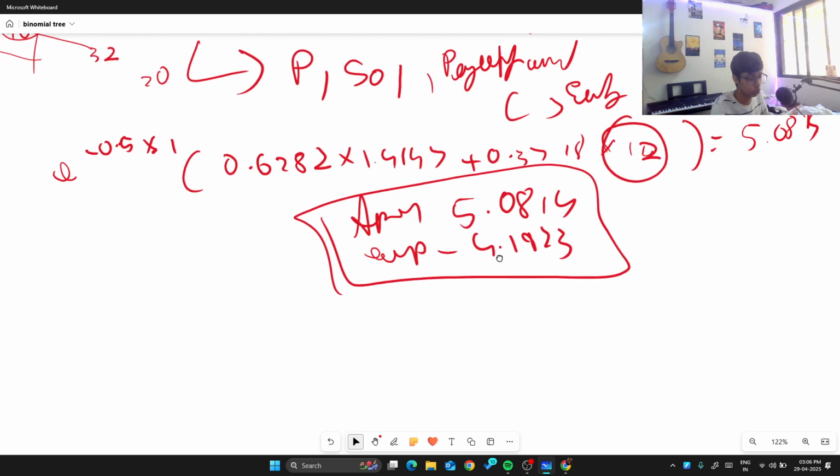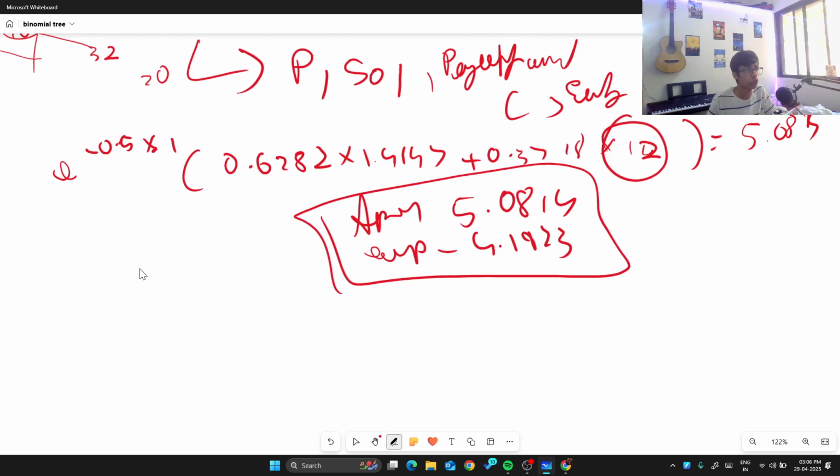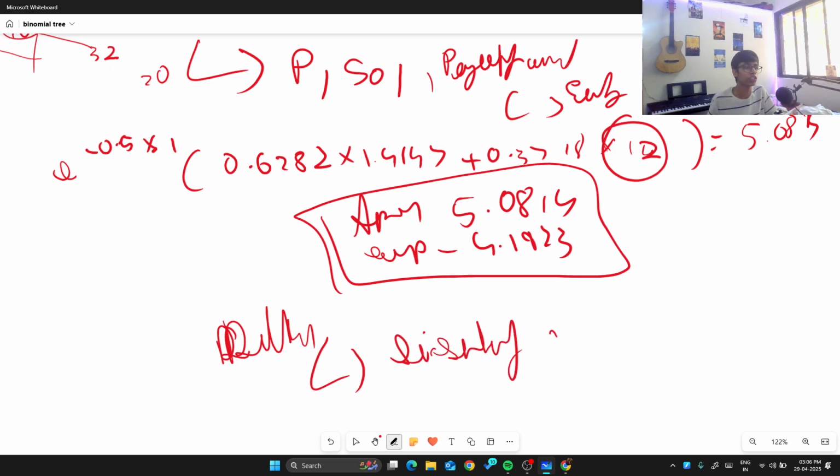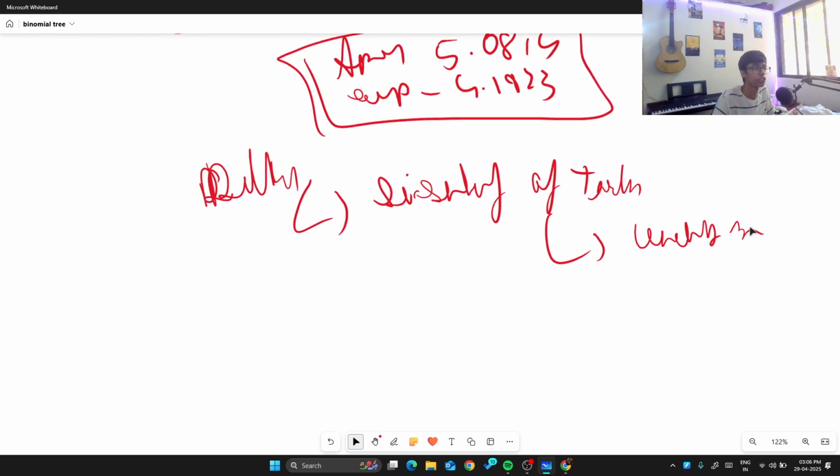So let's go to delta. We have seen that delta is the sensitivity of the instrument with the underlying. It is also used for the price of hedging, to find the price of hedging.